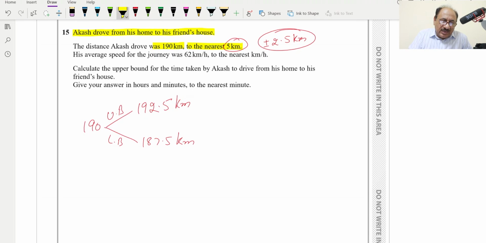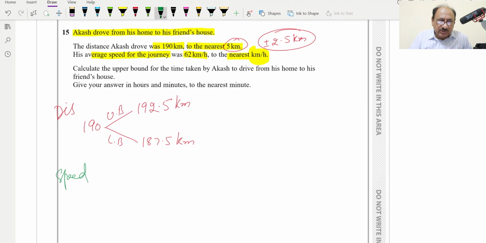Then they are saying that his average speed for the journey was 62 kilometers per hour, to the nearest kilometer per hour. This is 1 kilometer, so half kilometer we will be adding and subtracting for speed. So this is basically distance, and now we can check for speed.